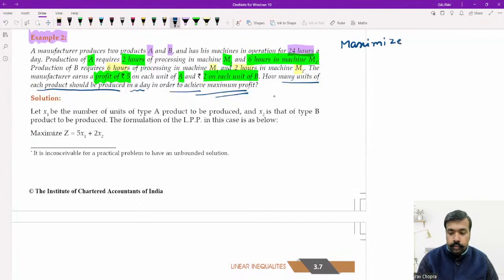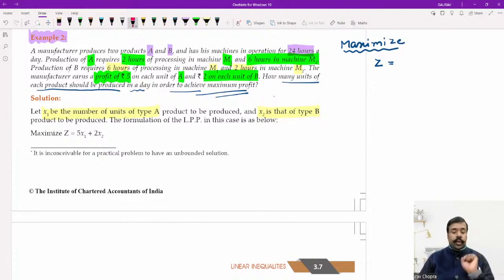maximize. Now the objective function is denoted by Z. So Z is equal to. What is the objective? Let's say we are producing X1 units of type A and X2 units of type B. From type A, we will be getting rupees 5 per unit profit, and from type B, we will be getting 2 rupees profit.